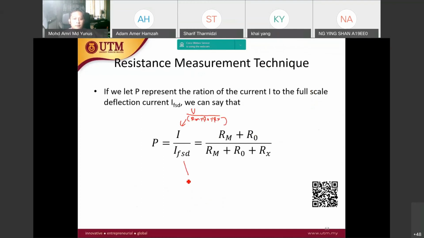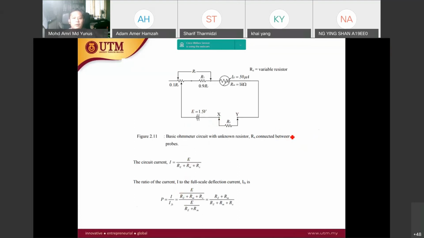IFSD is basically V over Rm plus Ro. So if we take that as the ratio P, we get this expression.